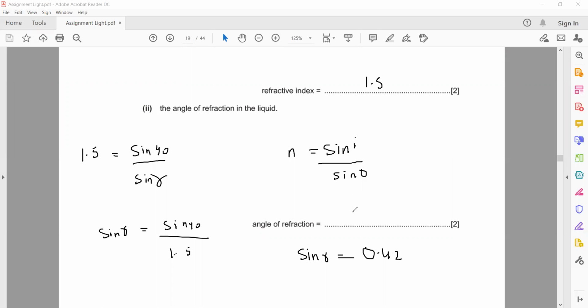So it is 24.8 degrees, because R equals sine inverse of 0.42. You'll get the answer: 24.8 degrees.